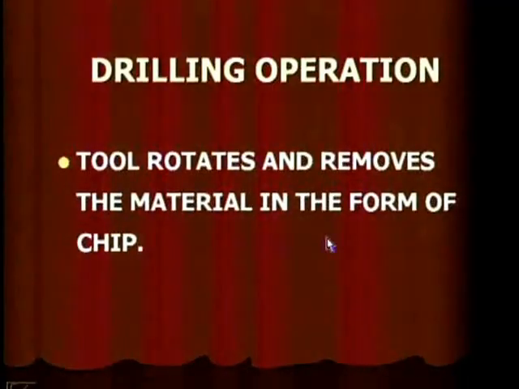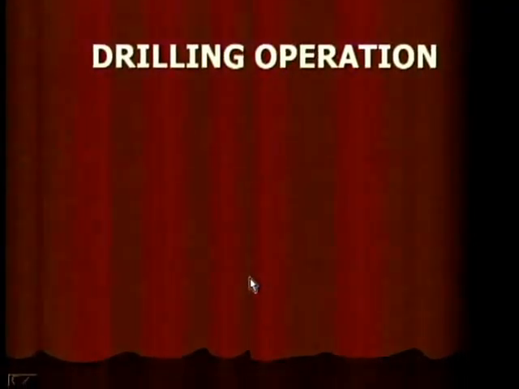It is a multi-point cutting tool that rotates. You fix it to a quill or an arbor, and that shaft rotates, by which the cutting tool also rotates, and while rotating it removes the material in the form of chips.